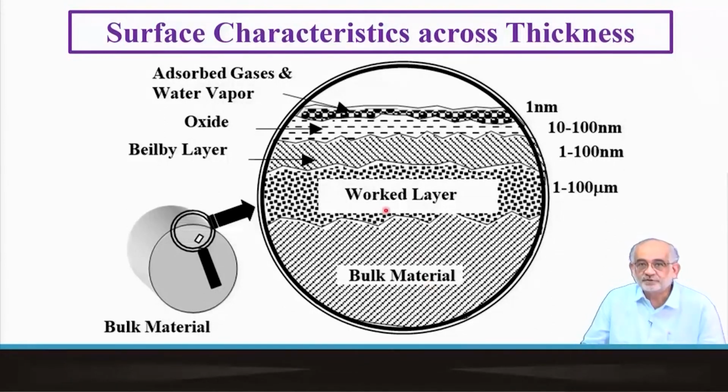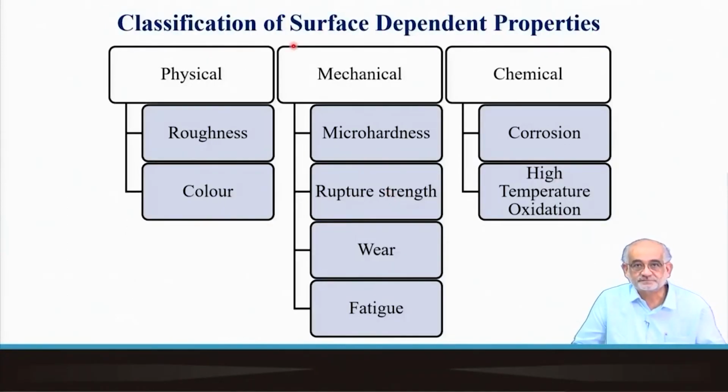So this is very important for us to know that all the surface related phenomena, call it degradation or reaction or reactivity, all of these primarily is related to this surface characteristics. Now, I'm not going to discuss surface dependent properties because I'm sure Professor Datta Majumdar would have already covered those areas, but it's important for us to classify very broadly all surface dependent properties, at least in these special groups.